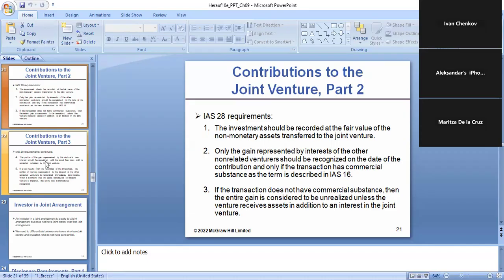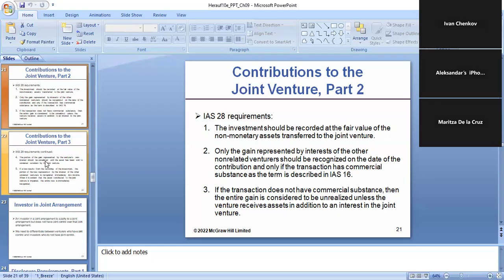Now you have to remind yourself which transaction actually has commercial substance: the one that replaces an asset with a significantly different cash inflow than the previous one. Usually the question is going to say whether there is commercial substance or not.